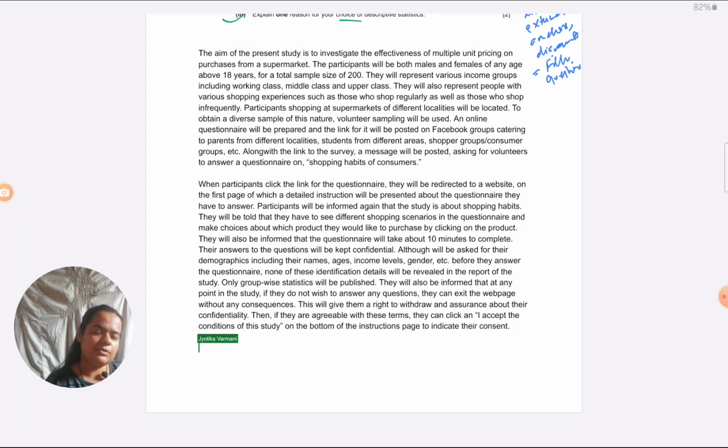So this is how we talk about ethics. It is elaborate, it's required to be elaborate because ethics are an important consideration in getting your marks. Do not make a blank list of ethics. Like I said before, relate every ethic with this study, like I have done in this paragraph.